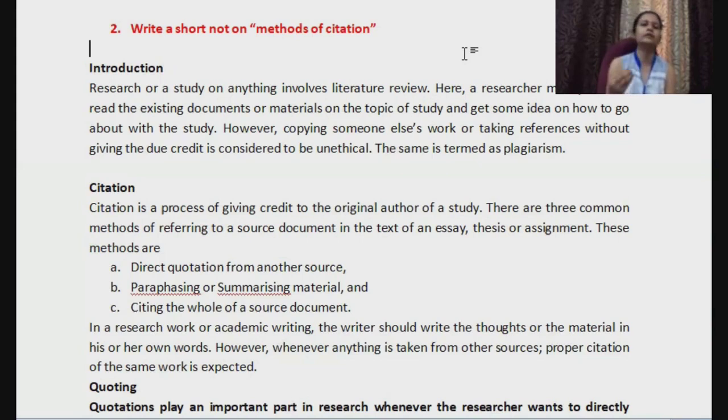What you did is you simply copied and pasted and submitted your assignment. So you need to give credit to that person. That yes, I have written this answer, but I have taken help from this other person. That means you are giving credit to that person. So those things are important for your research.